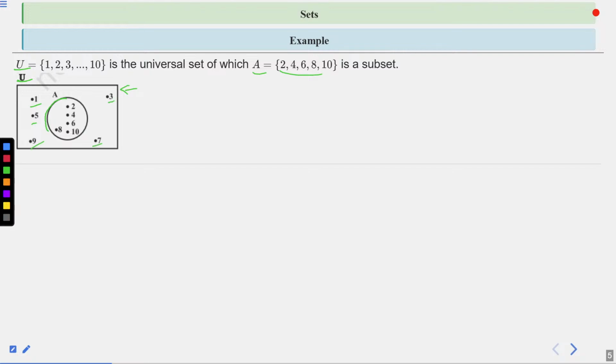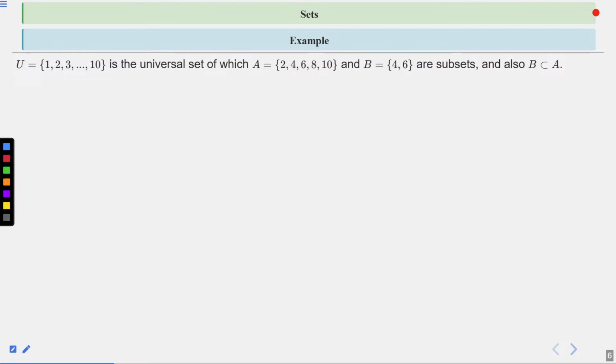As you can all see, they are not in the set A. So these all are not enclosed within this circle. These are outside the circle. So inside the circle meaning elements of the subset, outside the circle meaning not a member. Clear?